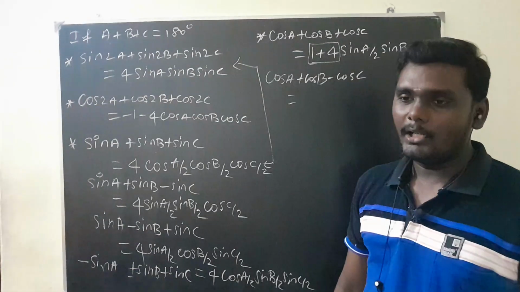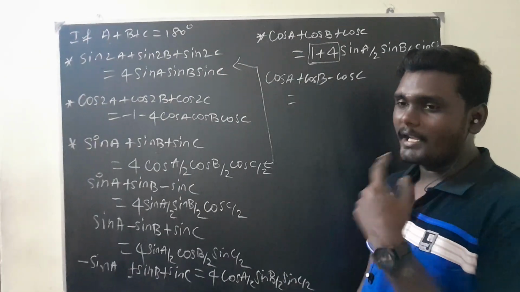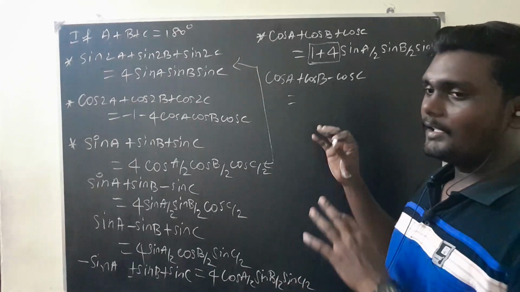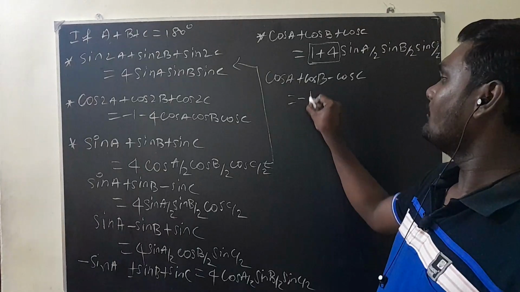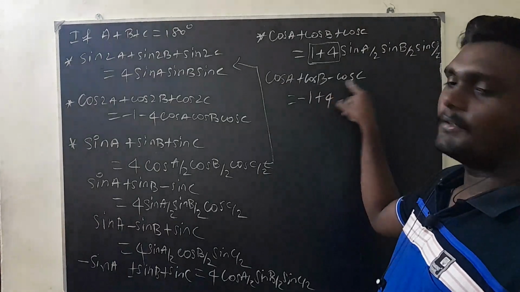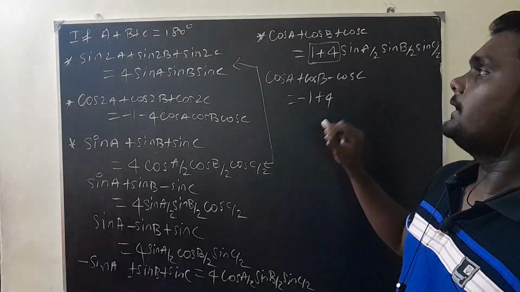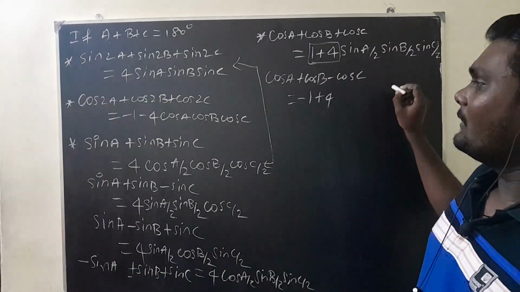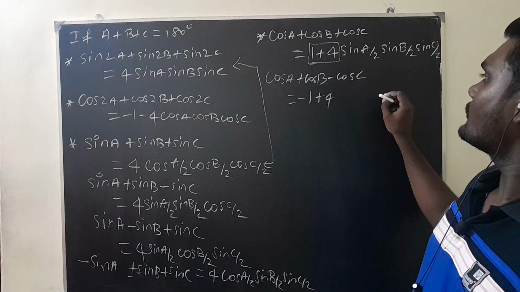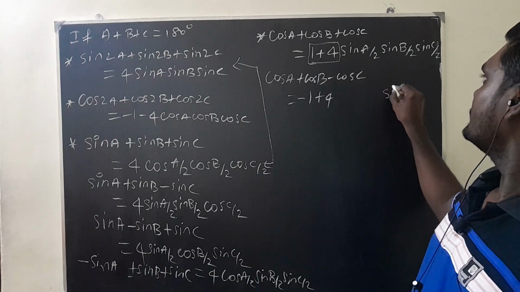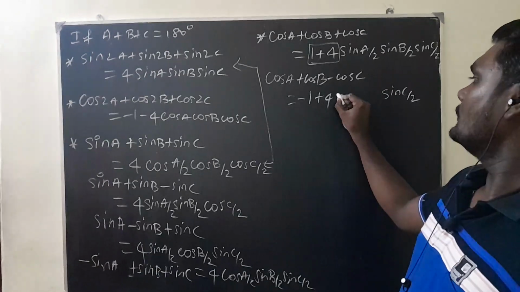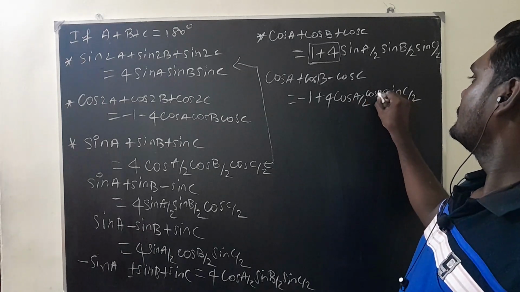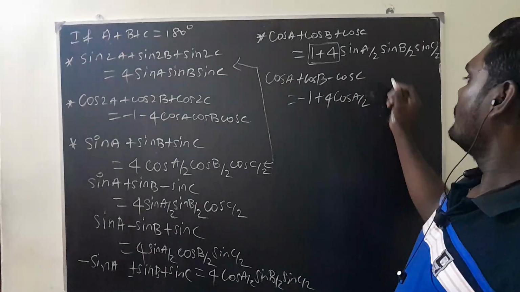In the original formula we have 1 plus 4 sin A by 2 sin B by 2 sin C by 2. The same happens here, but whenever this 1 plus 4 comes, we have minus 1 plus 4 when we have a change of sign in between. From the original formula, C remains the same. What is C actually? It is sin C by 2. The remaining will get changed: cos A by 2, cos B by 2. Any doubts in this?